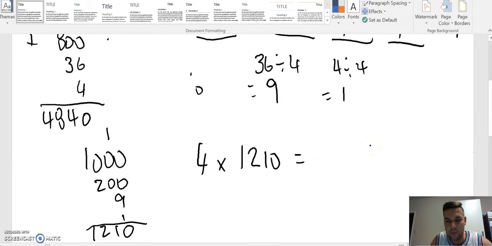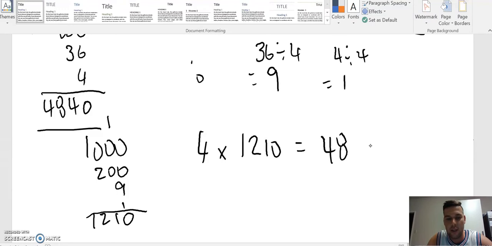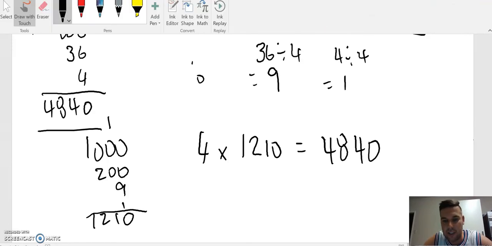So we now know 4 times 1,210 equals this number here, 4,840. Hopefully, that's a little bit simpler to understand.